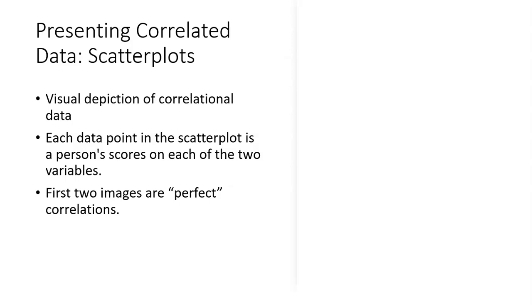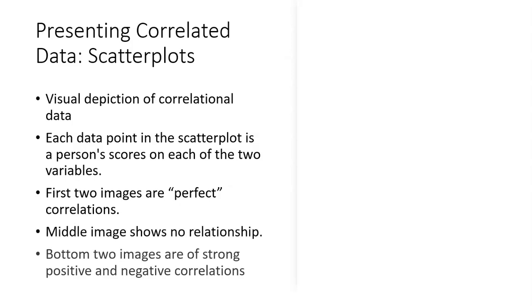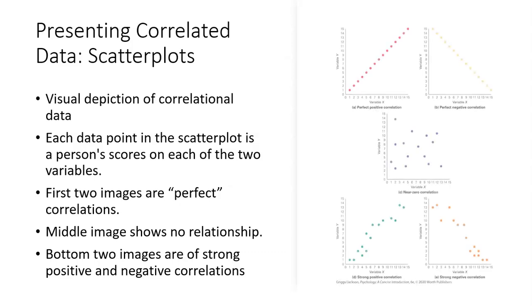The first 2 images that you're going to see are perfect correlations, so they're correlations of 1. The middle image is going to show no relationship, and the final image is going to show relatively strong positive and negative correlations. So here what you see, the pink line is a perfect positive correlation. The yellow line is a perfect negative correlation.